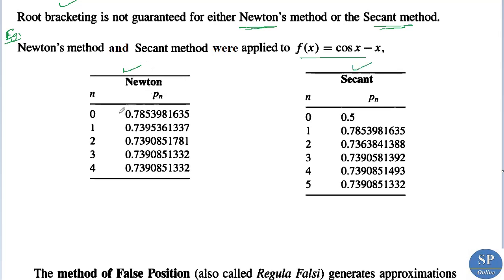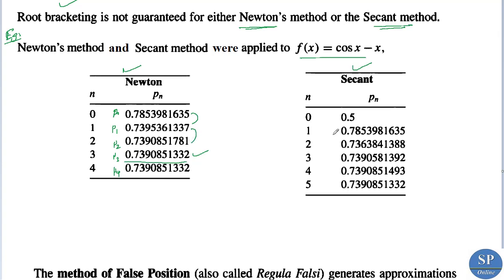In Newton's method, it was P0, P1, P2, P3 and P4, and an approximate root is found to be 0.739085133. From this table we can see that P3 is not bracketed by either P0 and P1 or P1 and P2. That is, this approximate root does not lie between these 2 points or between these 2 points.